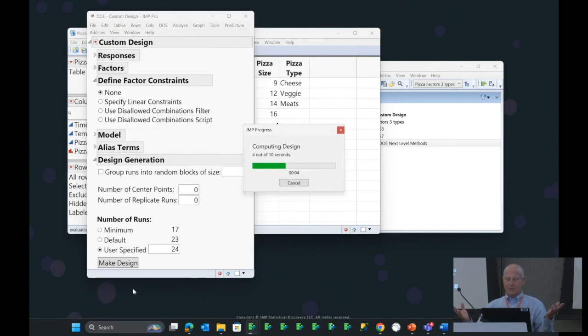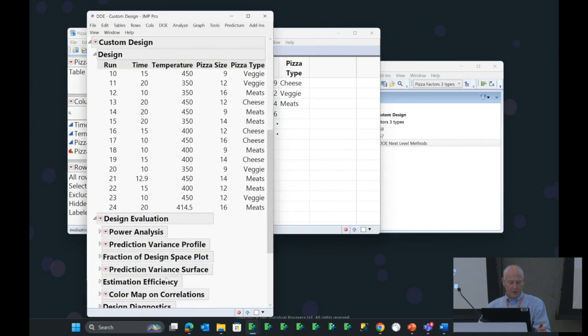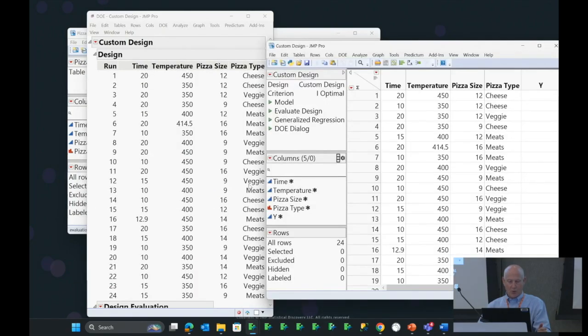So this is just a response surface design in these 4 factors. We've got 3 different types. And we'll make the table.